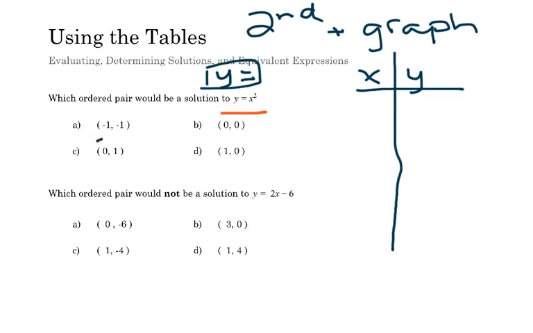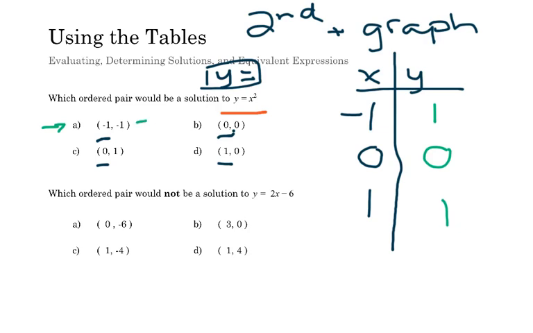This has me looking at x values of -1, 0, 0 again, and 1. I see -1 is 1, 0, and 1. Okay, so is -1, -1 a pair on the table?